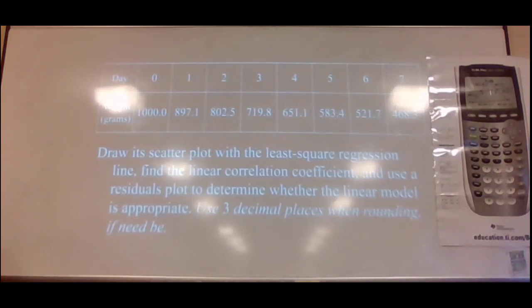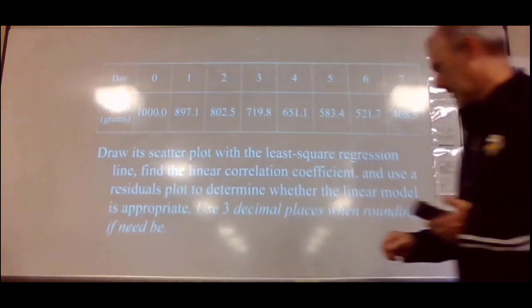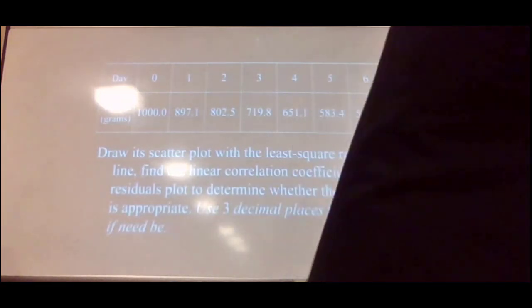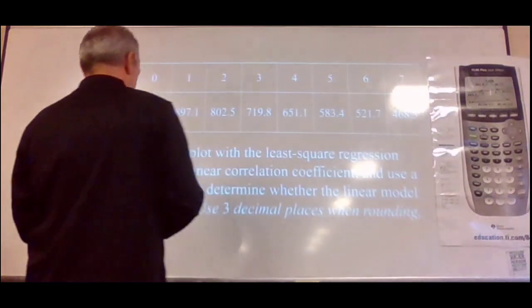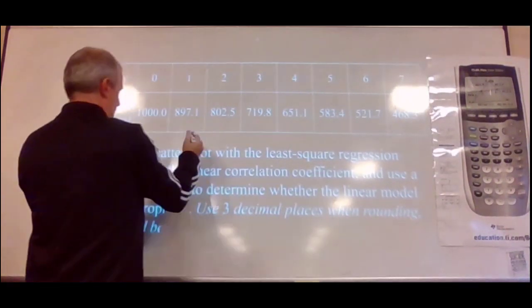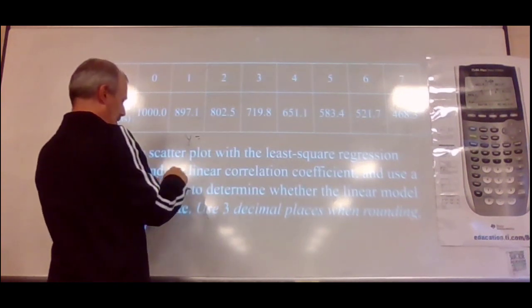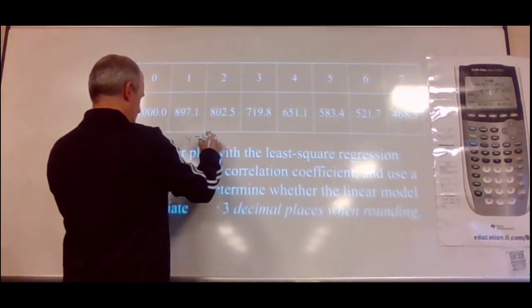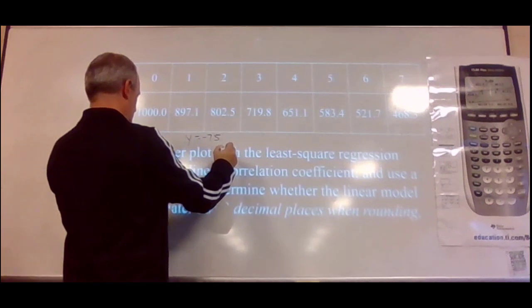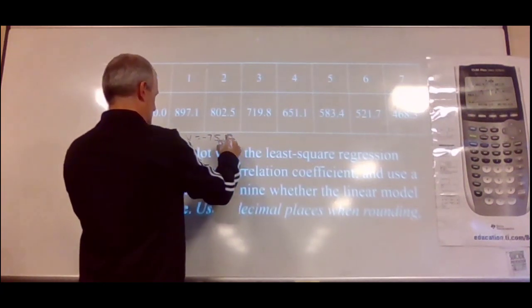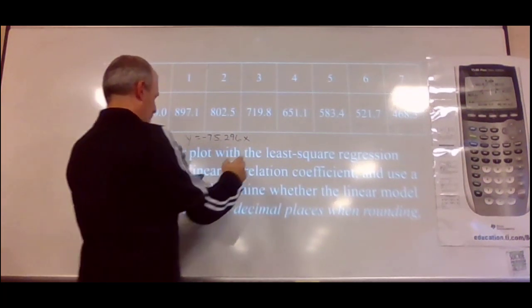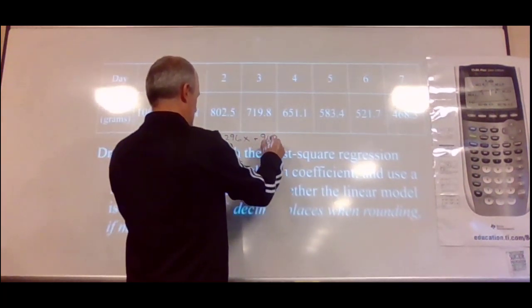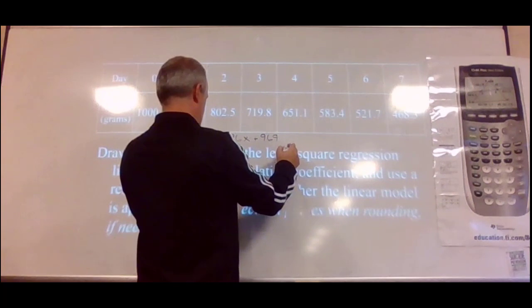And what do we get here? At least as long as I typed these into the calculator correctly, this is what I'm getting. Y equals the A value, which is negative 75.296 times X, plus the B value, which is 969.025.